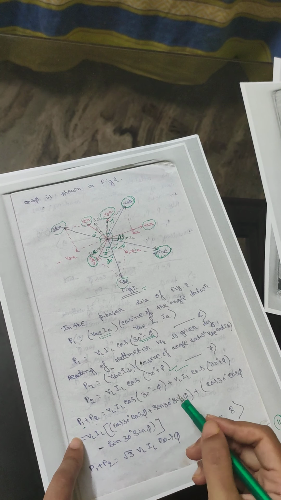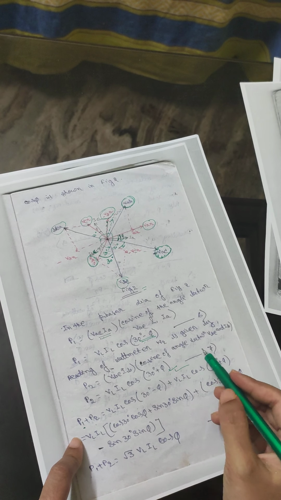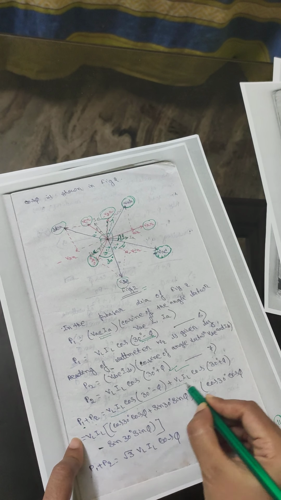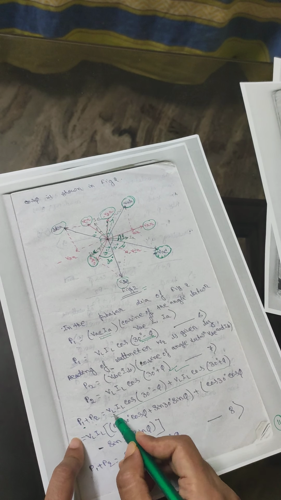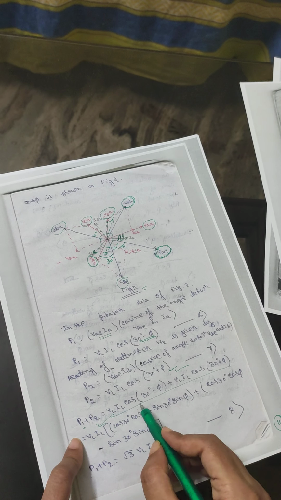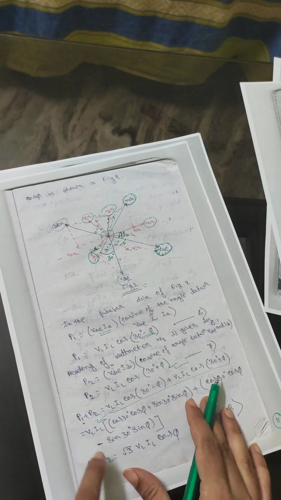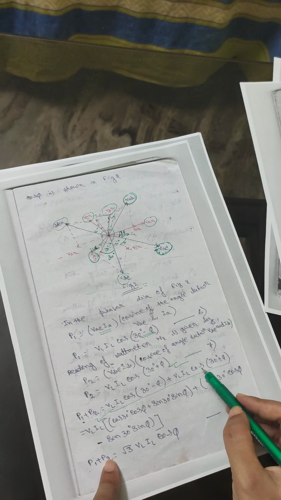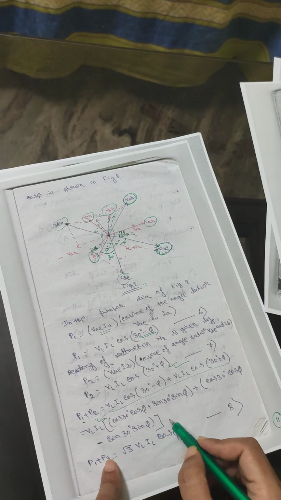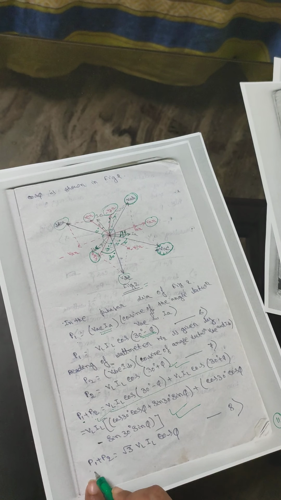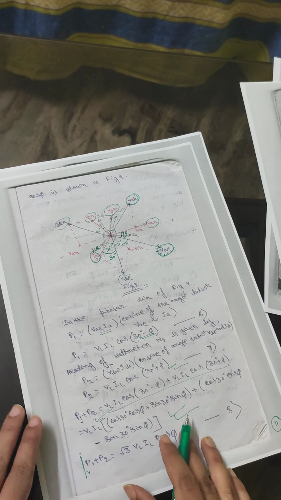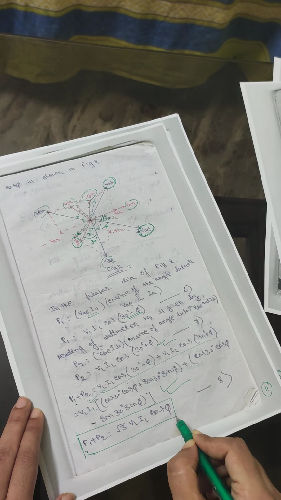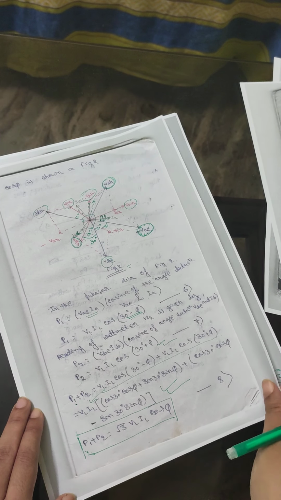For P1 plus P2, just put over there the values of equation number 6 and equation number 7. After taking VLIL common and using the trigonometry formula, cos of 30 minus phi plus cos of 30 plus phi, ultimately we will get P1 plus P2 equals root 3 VLIL cos phi.